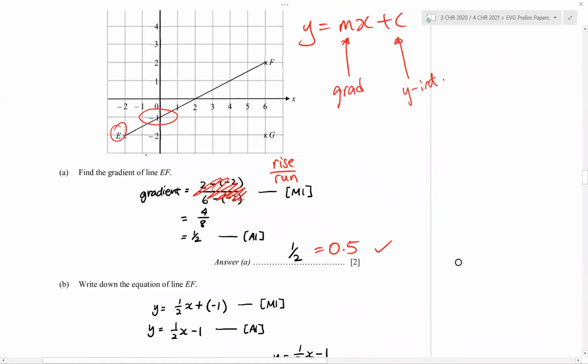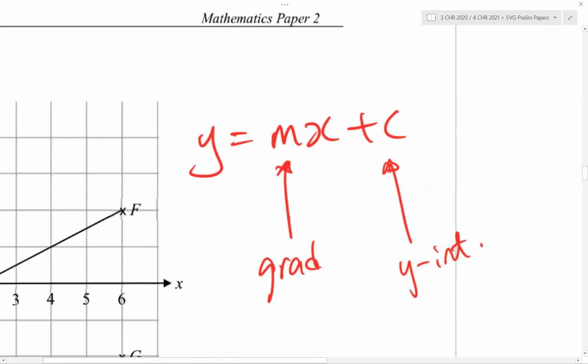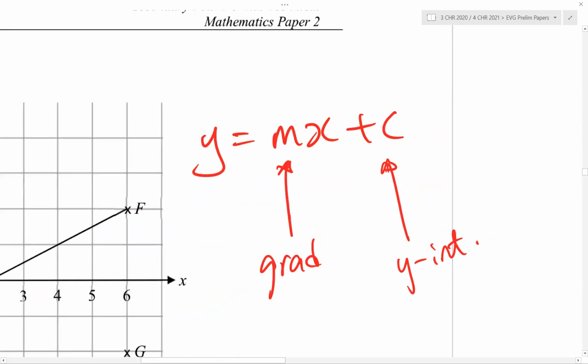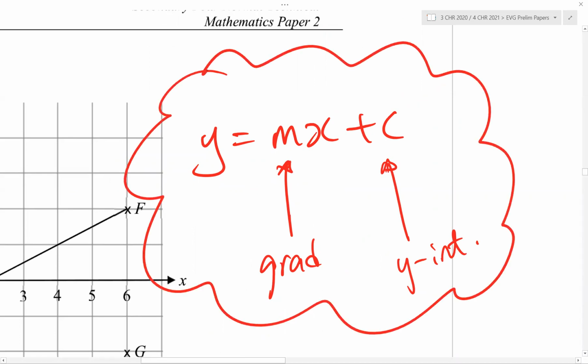Okay, anybody needs explanation? Wait. Let's recap on our equation of a straight line. This, write it down in your notebook or your notes. Y equals to mx plus c, m is the gradient, y-intercept is our c.